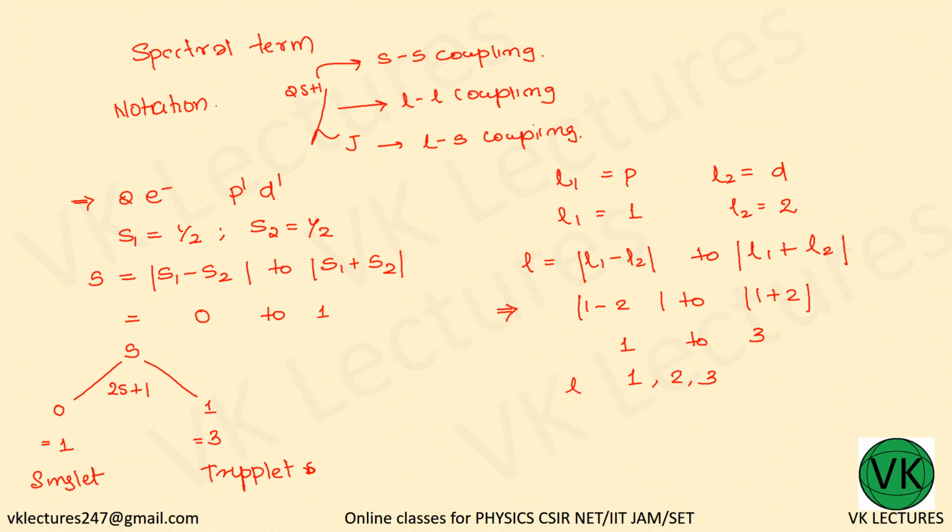So L values are 1, 2 and 3, which represent P, D and F. Now S will have singlet and triplet states, so you will get singlet and triplet states of P, D, F.